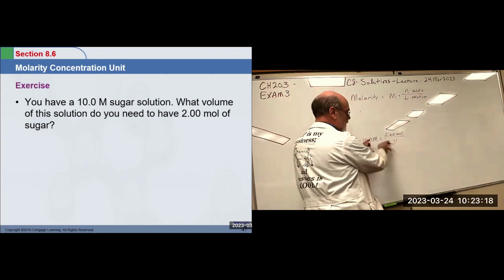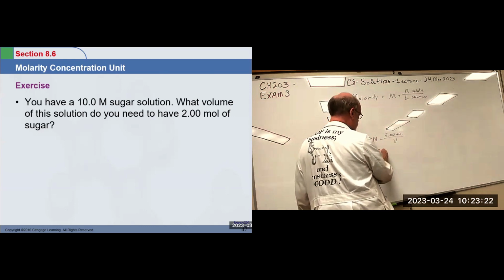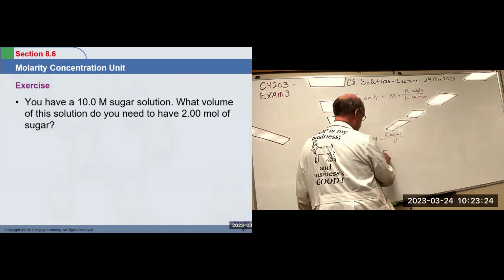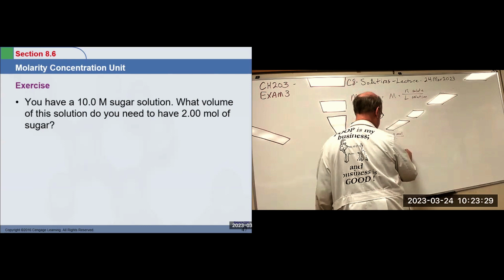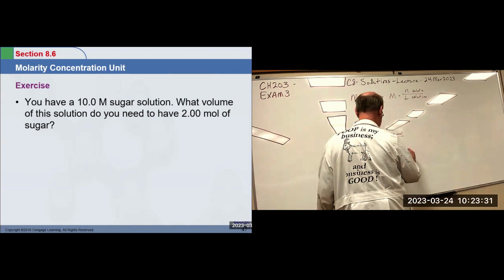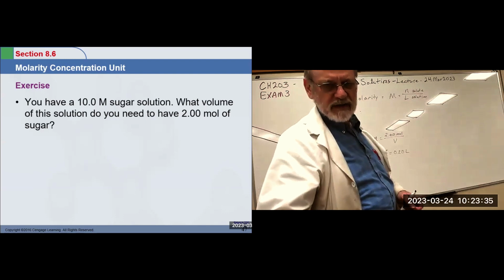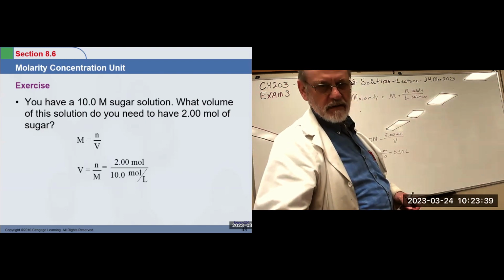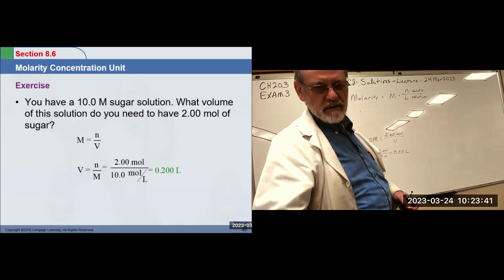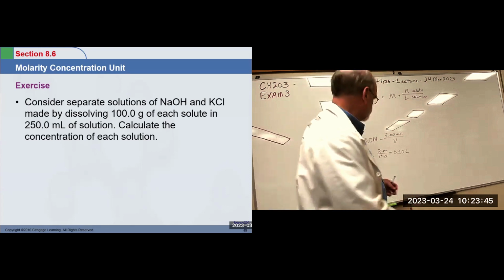So we just solve for V. V over here and 10 over there would be 2 divided by 10 equals 0.2, correct? Liters. Do they want it in milliliters or just liters? Yeah, 0.2 liters.